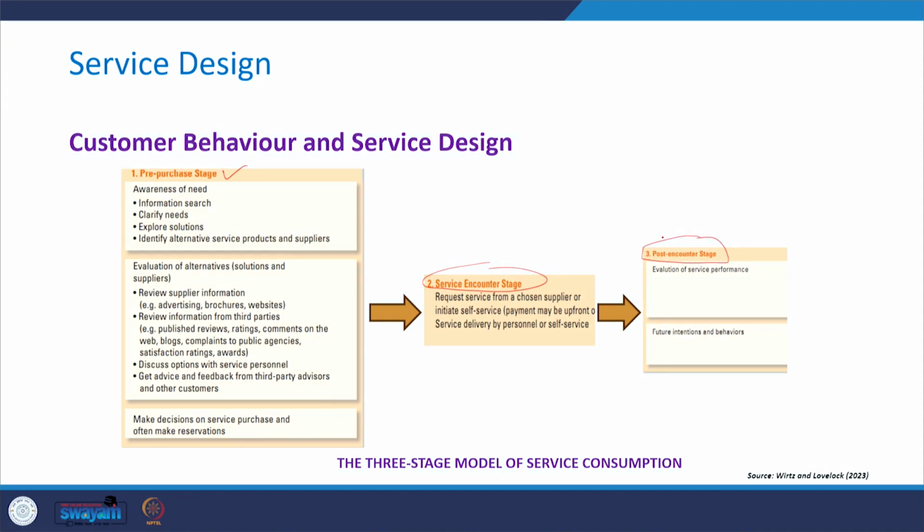Service consumption can be divided into these three main stages: pre-purchase, service encounter, and post-encounter. This figure shows that each stage consists of several sub-steps. The pre-purchase stage includes awareness of need, information search, evaluation of alternatives, and making a purchase decision.